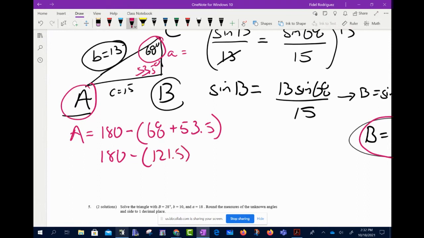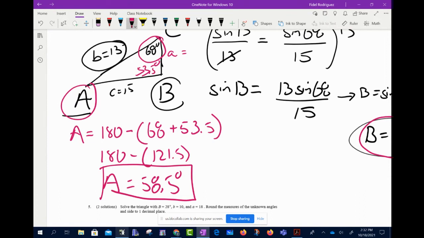And if I take 121.5 and I subtract it from 180, I'm coming up with angle A being 58.5. Okay, so we have an angle for C, we have an angle for A, we have an angle for B. We still need to find the side of A, okay?